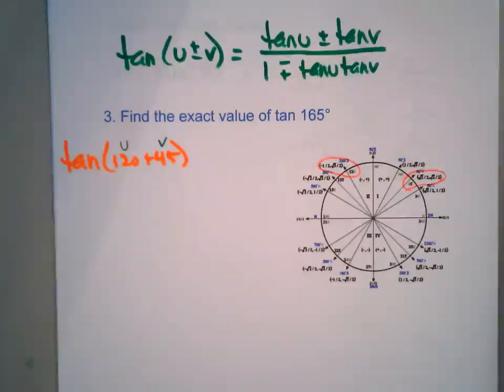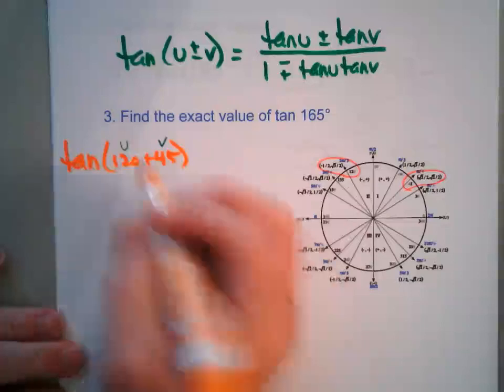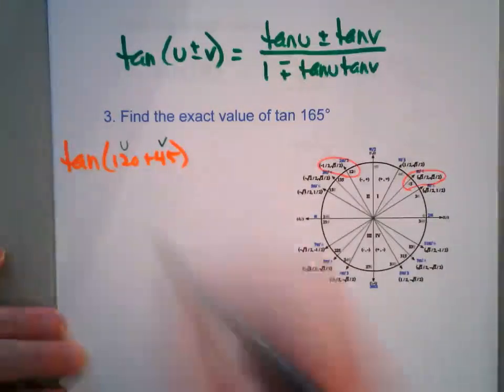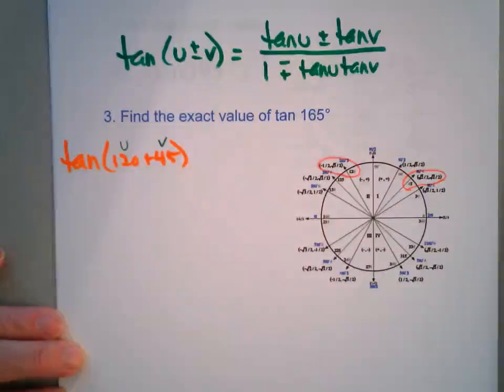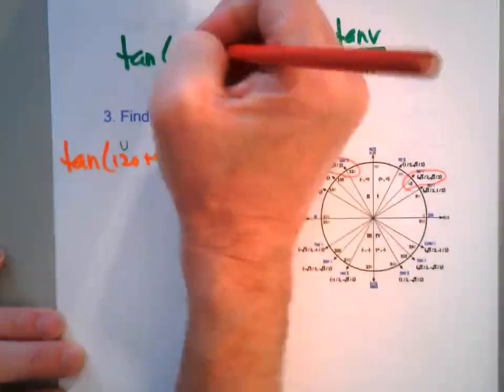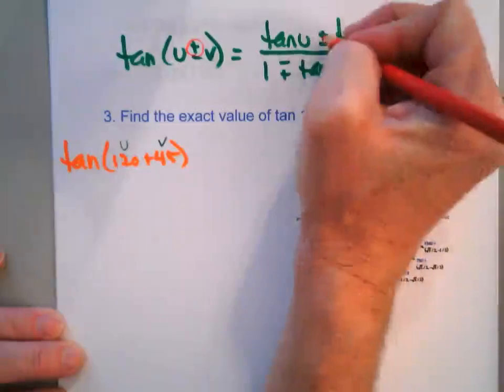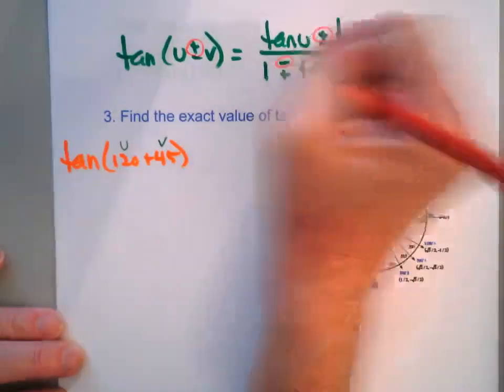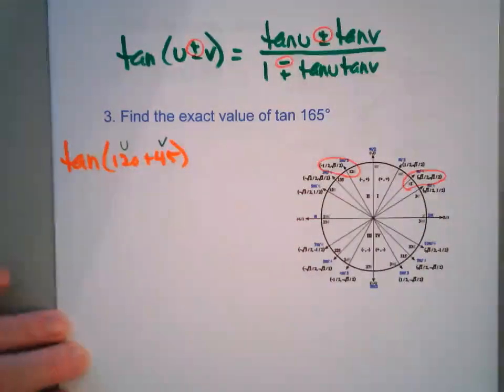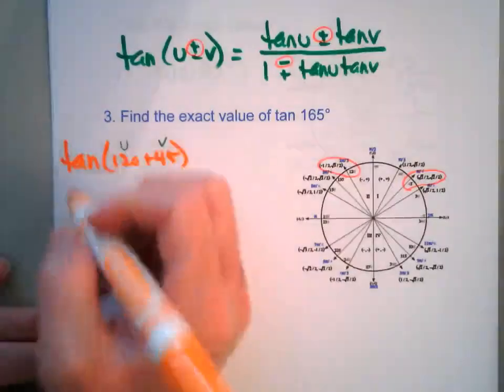Gets a little bit trickier here with this problem. All right, so let's see. We're using plus in the formula in our calculation. So we use plus and we use minus. So plus on top and minus on bottom. All right.